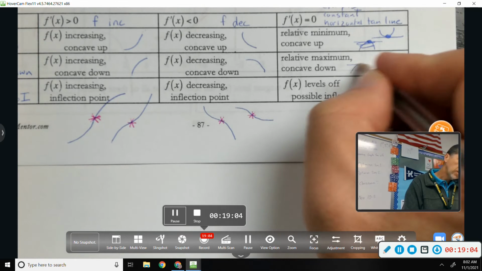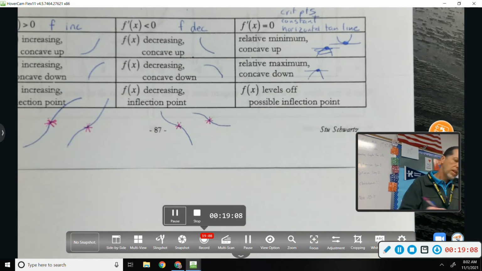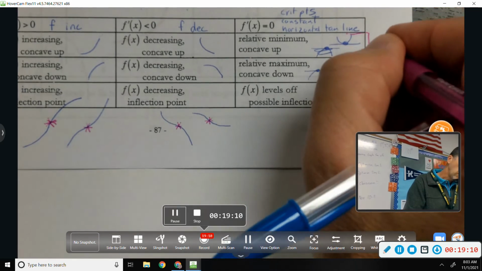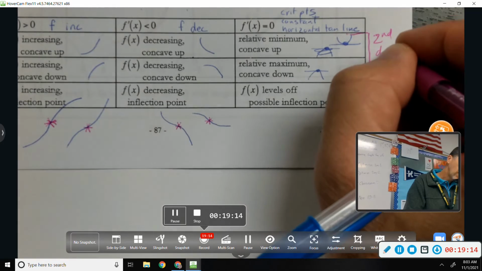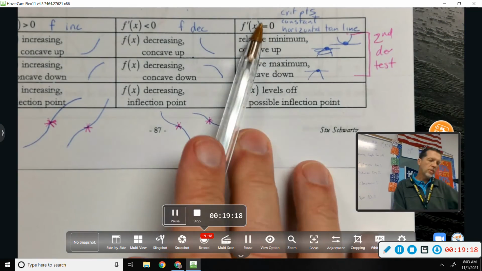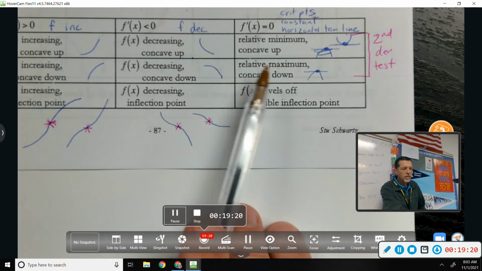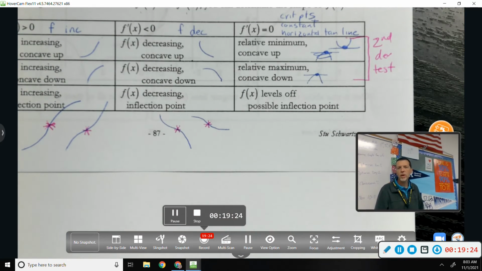Concave down with f prime equals 0 makes a maximum. By the way, those two boxes, that's the second derivative test. F prime equals 0 and f double prime is positive versus negative, then you can make a decision about relative max and relative min.